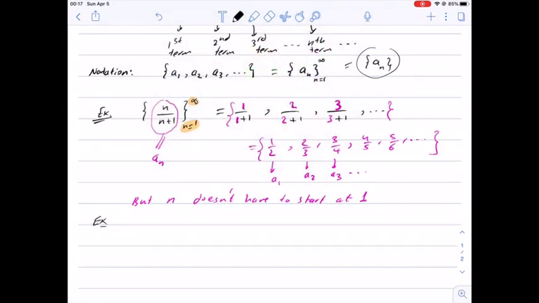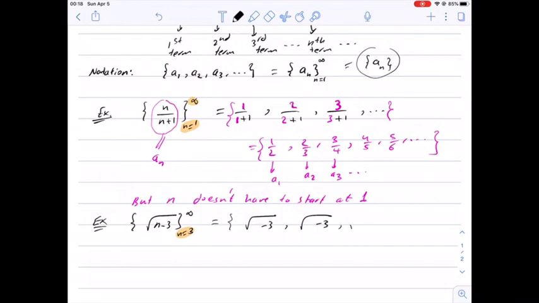For example, look at this sequence, square root of n minus 3 from n equals 3 to infinity. As you can see here, it starts at n equals 3. So let's find some elements of this sequence.